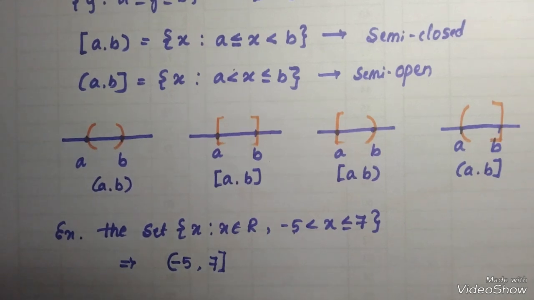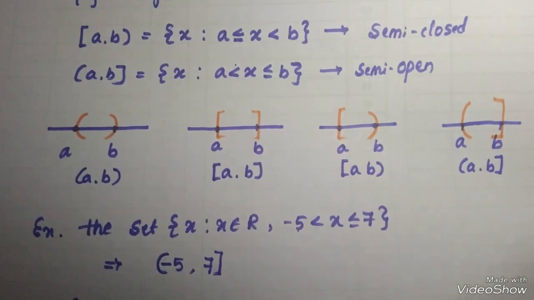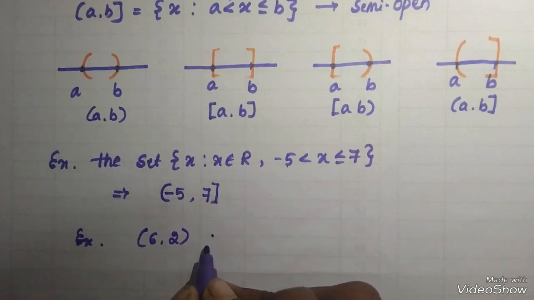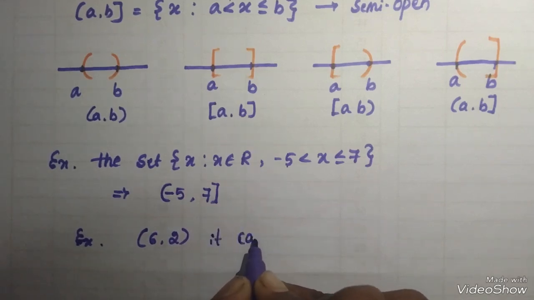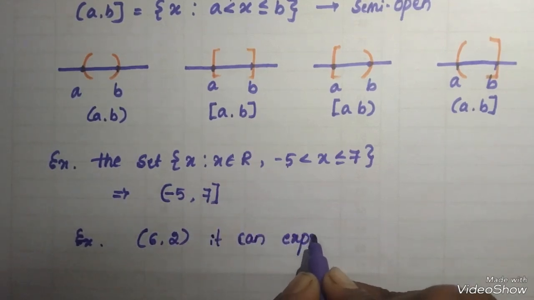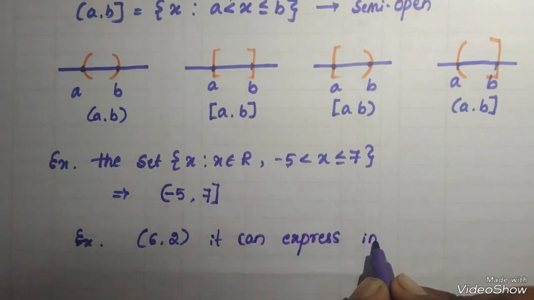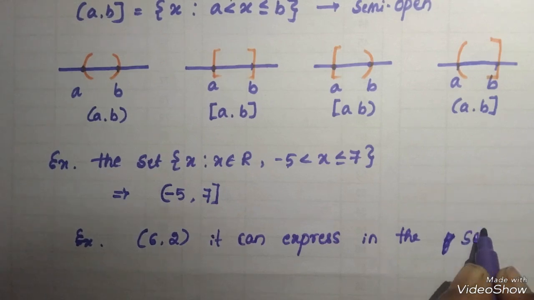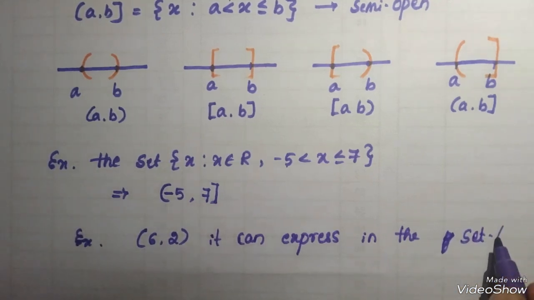For example, the given interval is the open interval 6 comma 2. It can be expressed in set builder form.